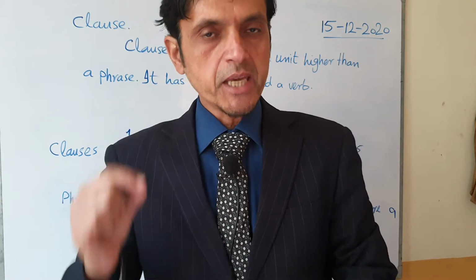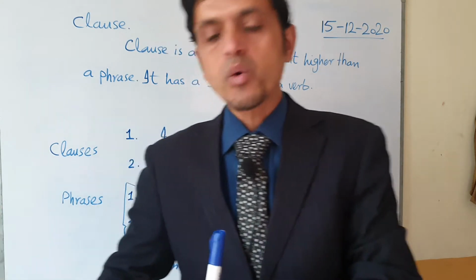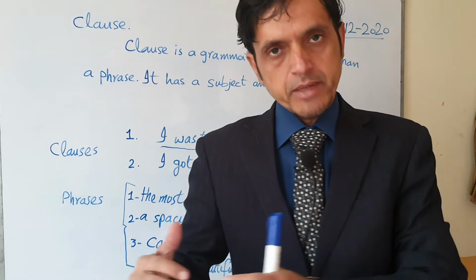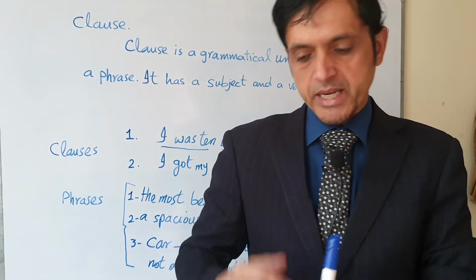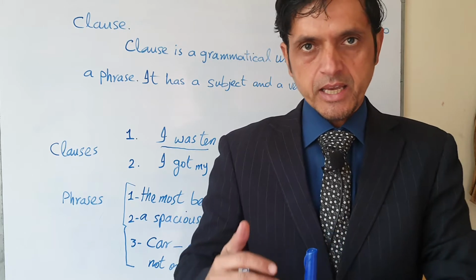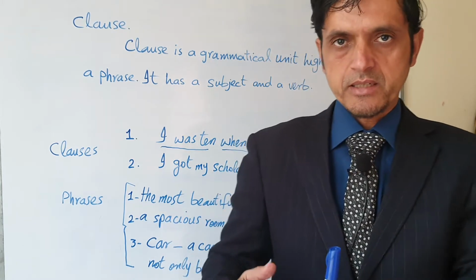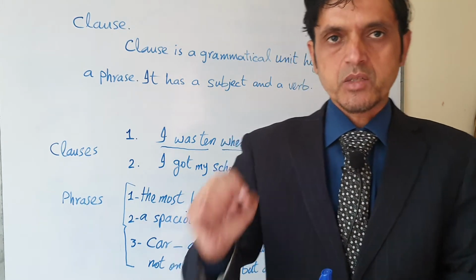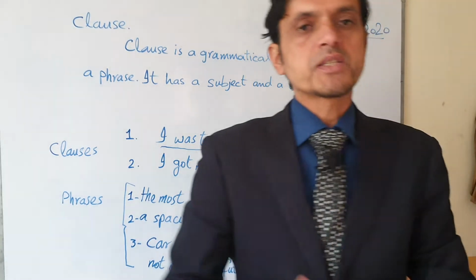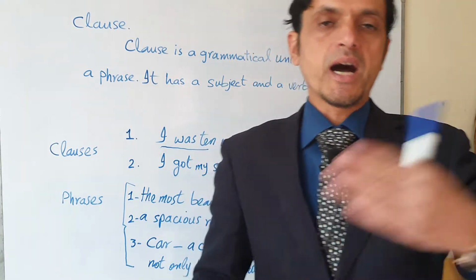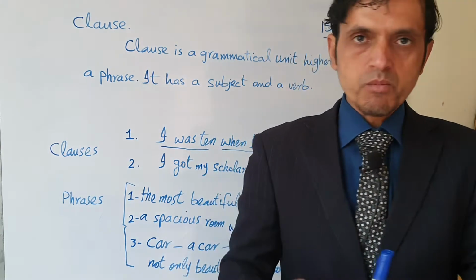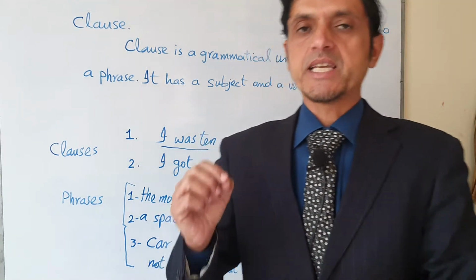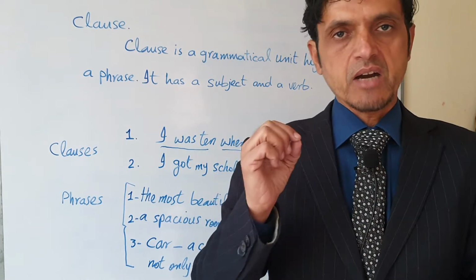If you keep this definition in mind whenever you study English literature or any other writing, and study it again and again, you will understand the clear-cut spirit of a clause. So a clause is a grammatical unit higher than a phrase. This is one point. The other most important point is that it has a subject and a verb.